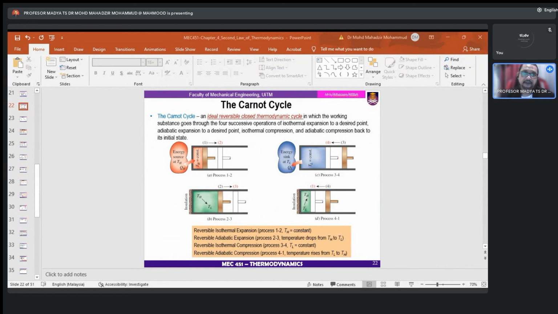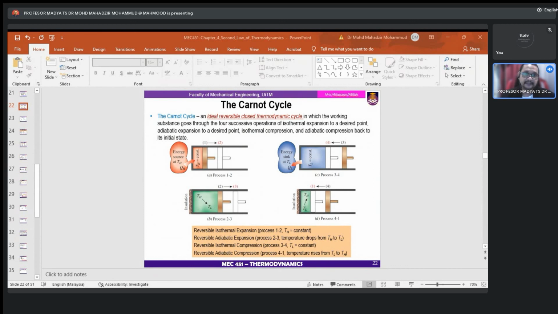The COPs of reversible refrigerators and heat pumps are given in a similar manner. COP refrigerator reversible equals 1 over TH over TL minus 1.